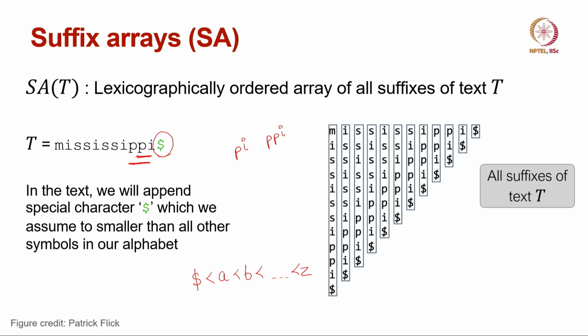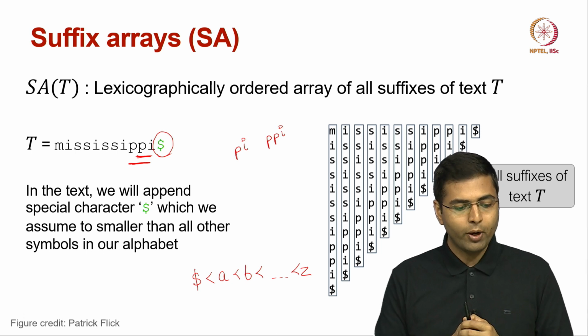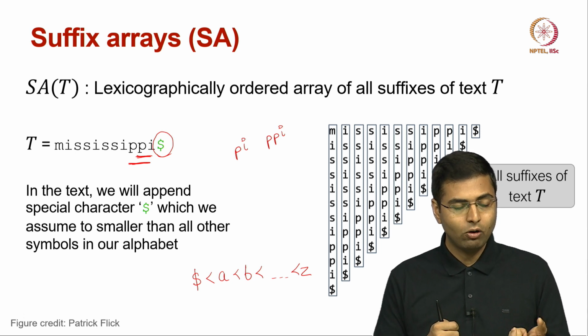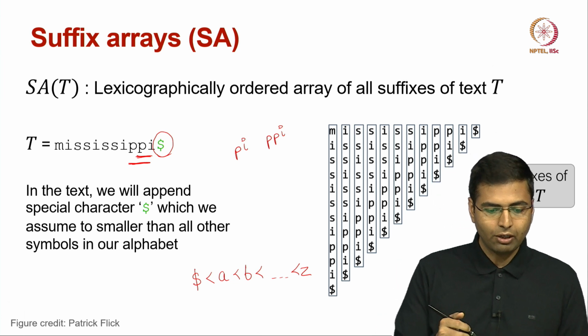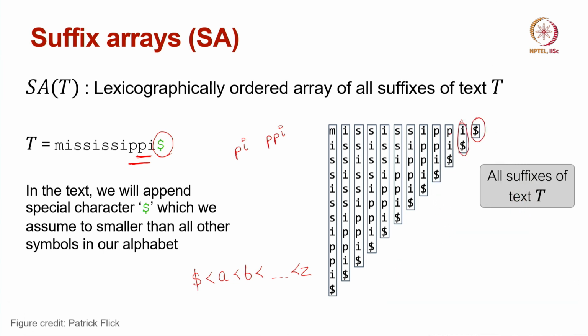So with that assumption that the text ends with a special dollar symbol, let us see how the suffix array will look. Now given the text T, which is Mississippi dollar, we are going to see all the suffixes of this text T. The suffixes of this text T are dollar, i dollar, pi dollar, ppi dollar, and so on.